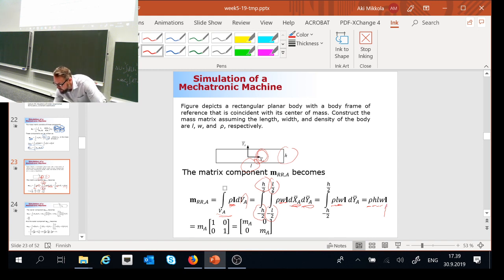What is this? HLW, that's going to be the volume. Volume multiplied by density, what's that? Mass. So we're going to have a mass here that is multiplied by the 2 by 2 identity matrix. We're going to get a diagonal matrix where the mass of the body is located in the diagonal components. Clear?